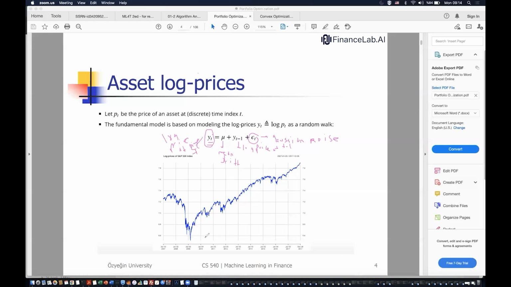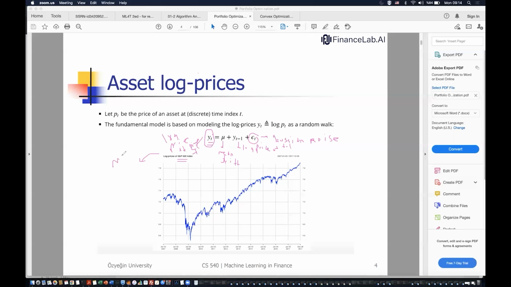In this plot, you see a time series from 2007 up to 2017 of S&P 500 index prices. The S&P 500 is an index made up of a number of assets, and it is also referred to as the market.